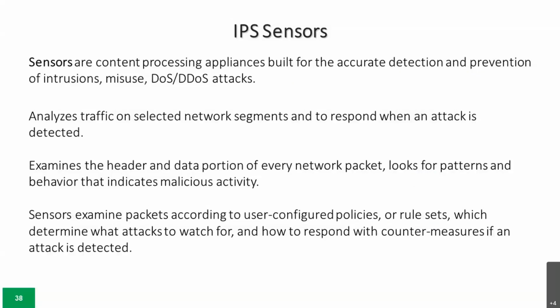They examine the header and data portion of every network packet, looking for patterns and behavior that indicate malicious activity. Sensors examine packets according to a user-configured policy rule set, which determines what attacks to watch for and how to respond with countermeasures if an attack is detected.